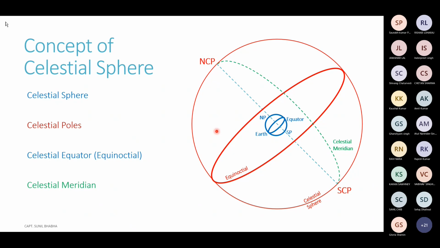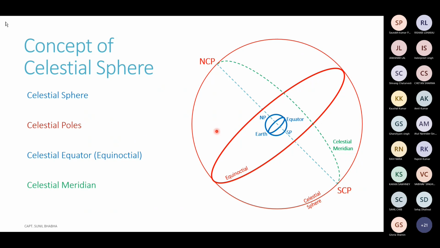Ecliptic is basically the path of the sun projected on the celestial sphere. Now, this ecliptic cuts the equinoctial at two places, and these places are known as first point of Aries and first point of Libra. So if you use this first point of Aries as your reference, and you measure the angle westwards of this first point of Aries, it is known as SHA, sidereal hour angle.